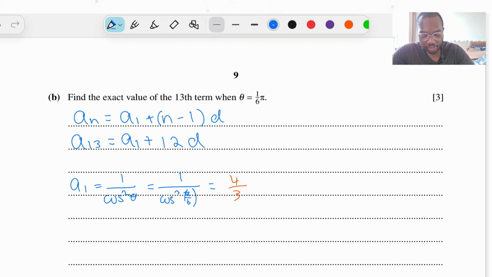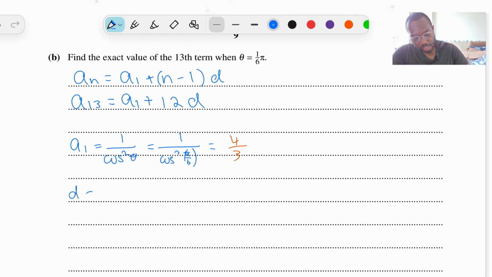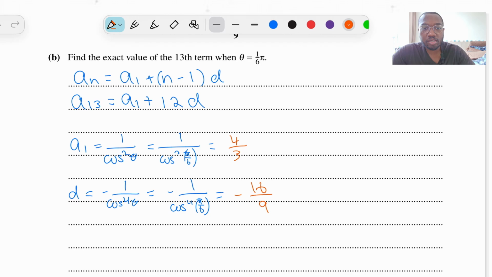And we look at our d value. Well, we know d from the previous question. We know that our d is a minus 1 over cos to the 4 theta. So that's a minus 1 over cos to the 4, and then we still have the pi over 6. And if you work that out in your calculator, you get minus 16 over 9. Okay, so we worked out a1 and our d value.